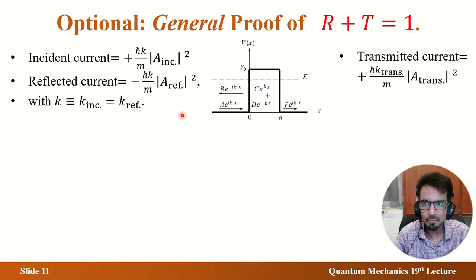And the general proof is the following. Incident current is that expression, and that expression is not for any special case. That's general if you take a plane wave. And the reflected current is also general.